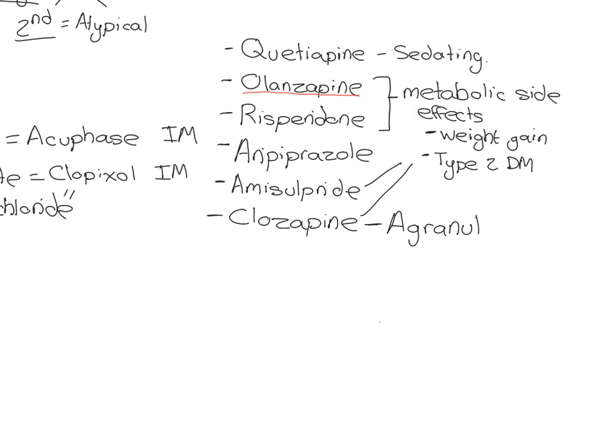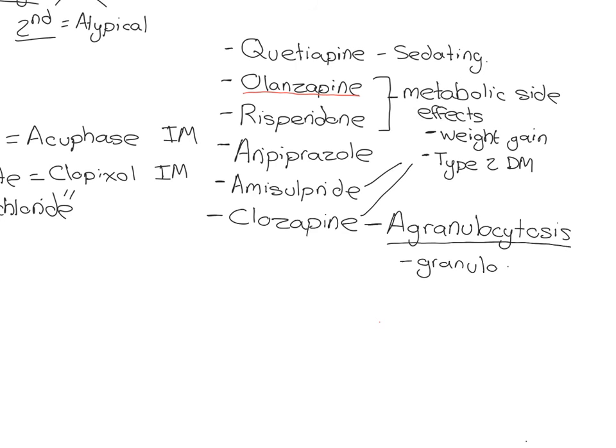And that horrible side effect is that it can cause agranulocytosis. So in a scarily high proportion of the people who take clozapine, it causes agranulocytosis. And what this means is it gets rid of all of the granulocytes in the blood.